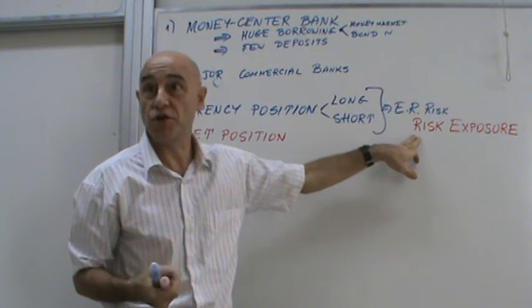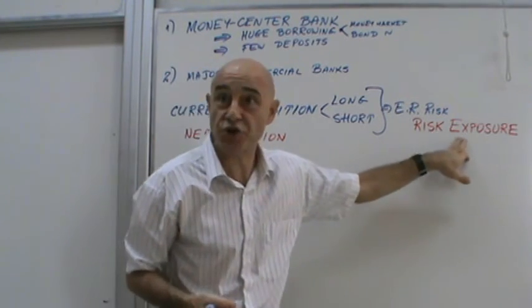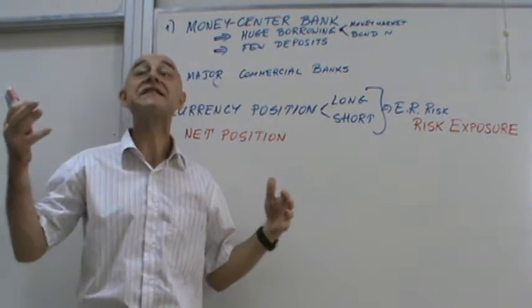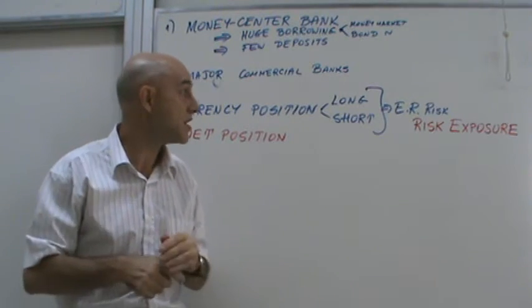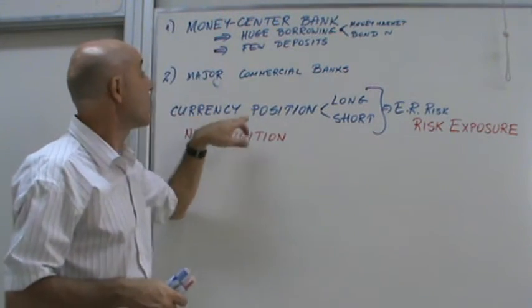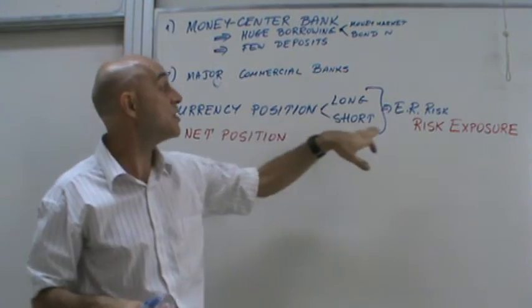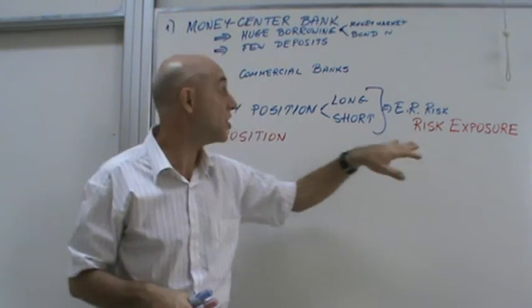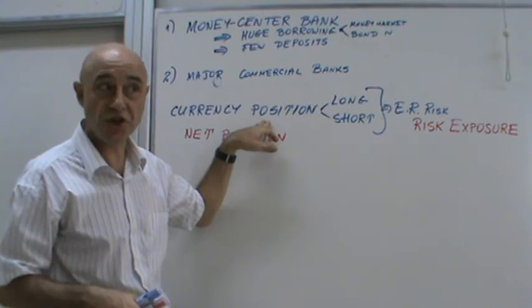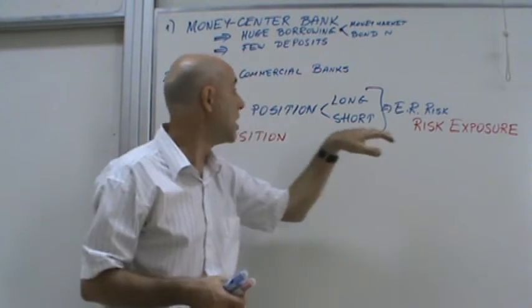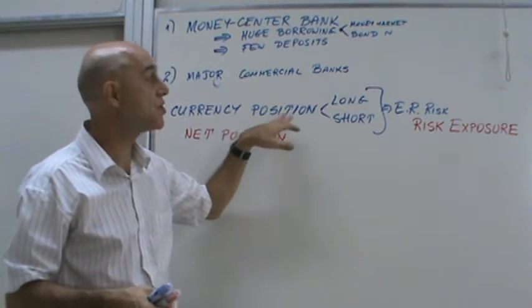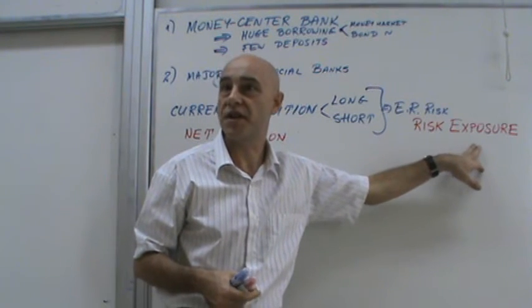So risk is also potential for loss. The exposure tells you the size of the loss. So the currency position determines your risk exposure. The higher the position, the higher the exposure. The lower the net position, the lower the risk exposure.